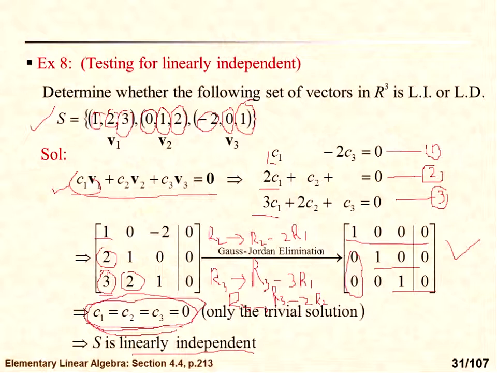If any one C is non-zero, then we say that it is dependent. So in our case, all the C's are 0, so it is linearly independent. Hopefully you understand linear independence.